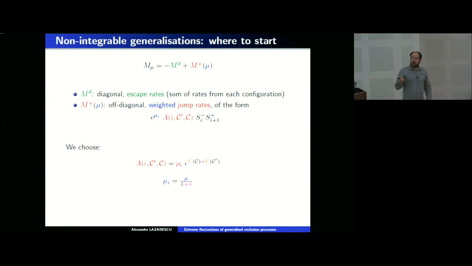Now I want to choose, actually I have to choose, some physically reasonable jump rates. And so I define them to take a site-dependent kinetic prefactor, p_i, which I bound from below and above. It can't be too small. I don't want the system to block at one side because the particles cannot jump. And I also don't want to effectively erase one side by making the particles jump immediately from it.